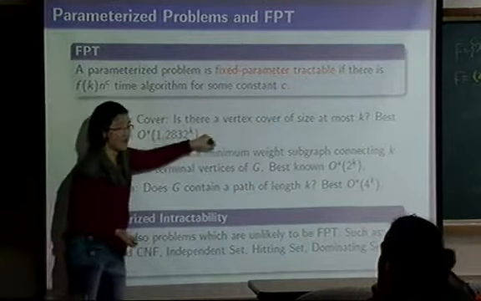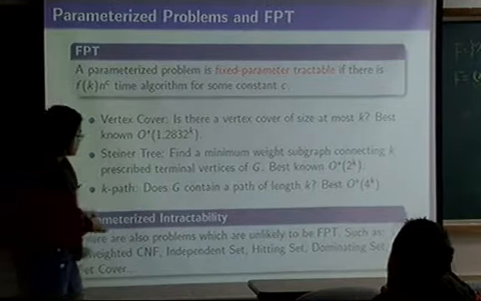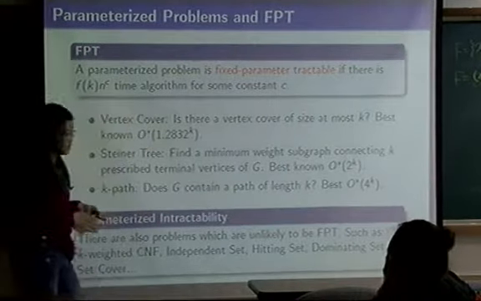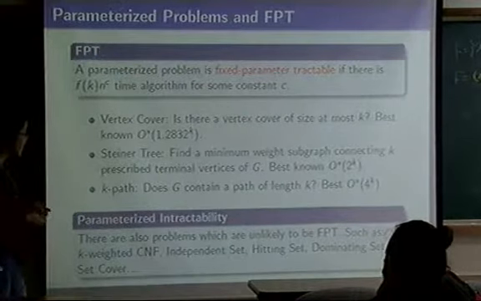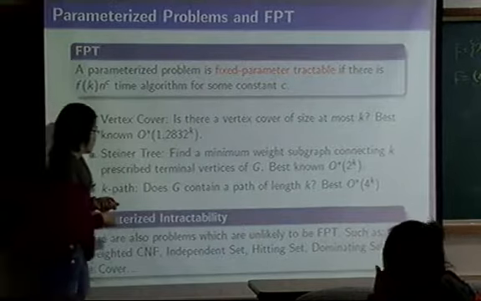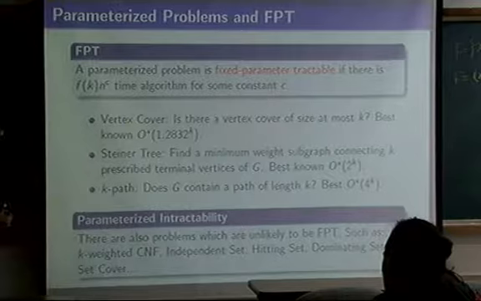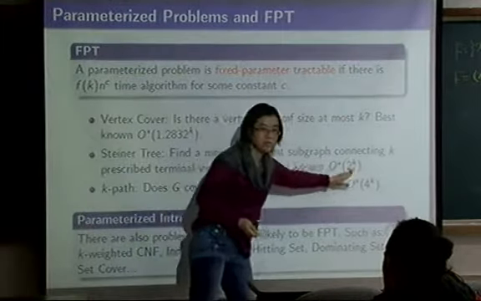Or if you consider the Steiner tree problem, well, the Steiner tree problem is a problem to find a minimum weight subgraph connecting k terminals. So k terminals are given. Then there is a very classic algorithm that uses dynamic programming, which runs in 3 to the power of k, which has been improved to 2 to the power of k recently.